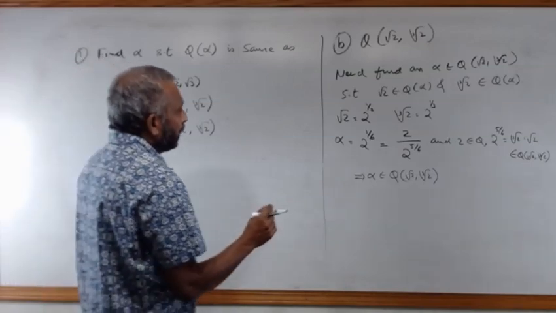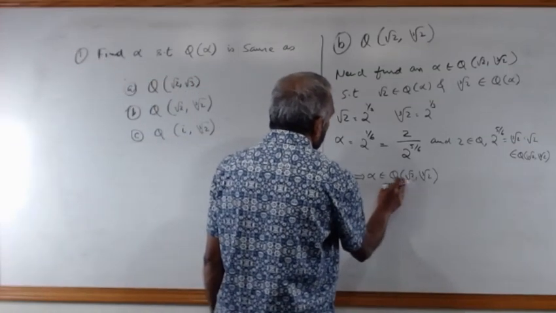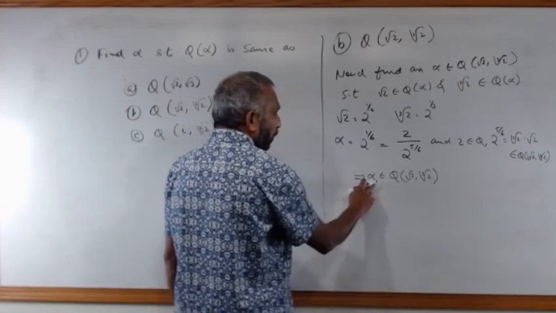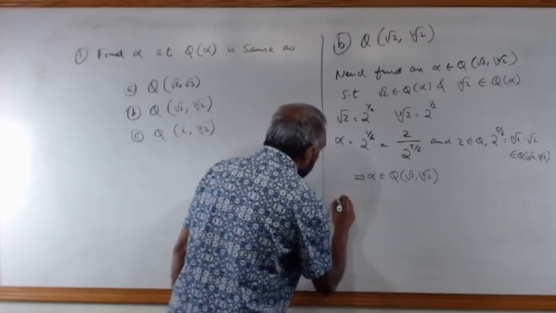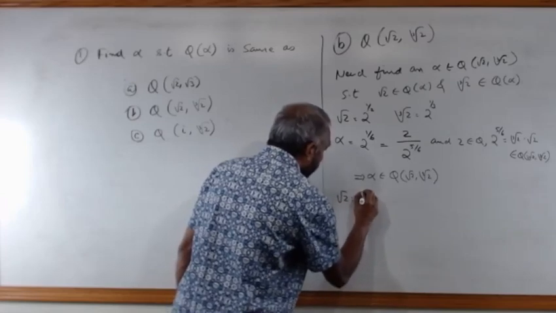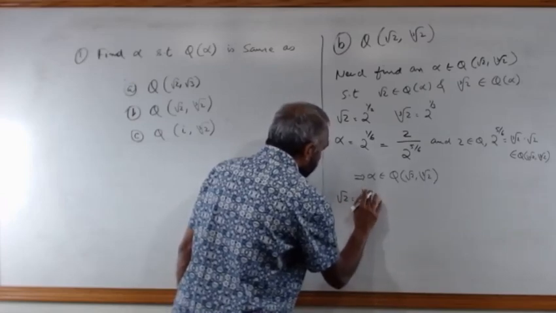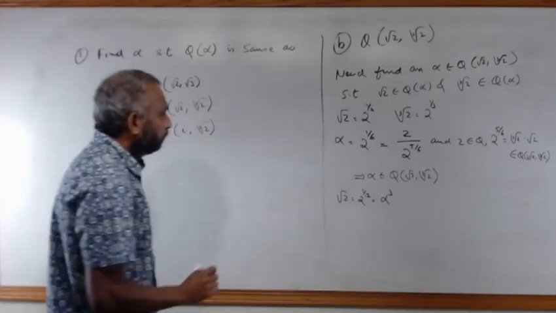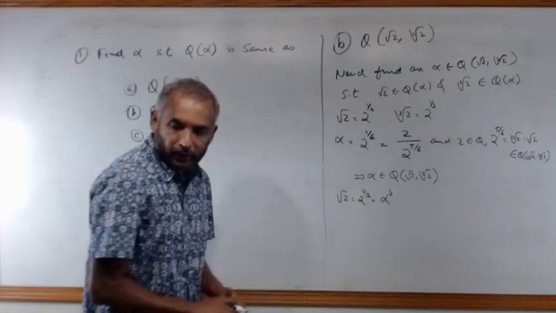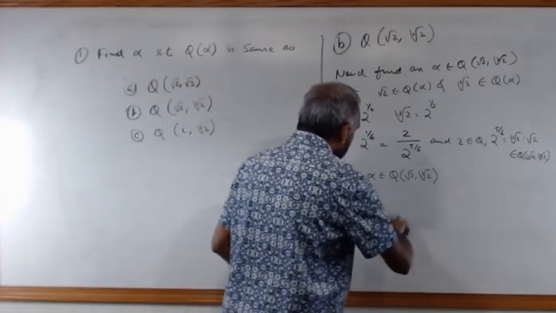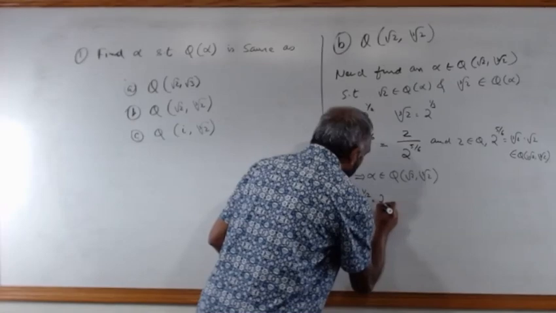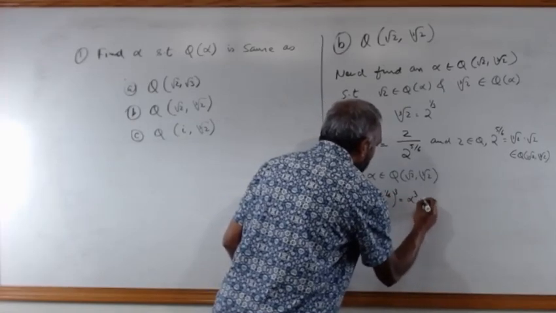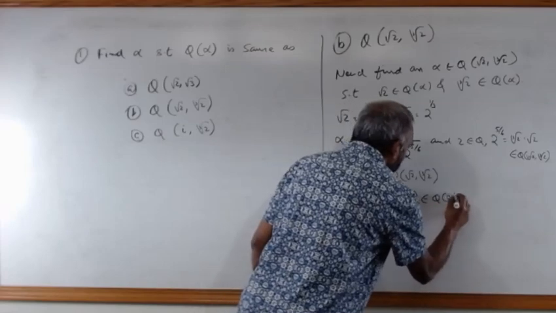Now we need to show that root 2 belongs to Q of alpha. So root 2 is equal to 2 to the power of 1 by 2, that is equal to alpha cube, because this is actually 2 to the power of 1 by 6 cubed, and that is equal to alpha cube, and that belongs to Q of alpha.